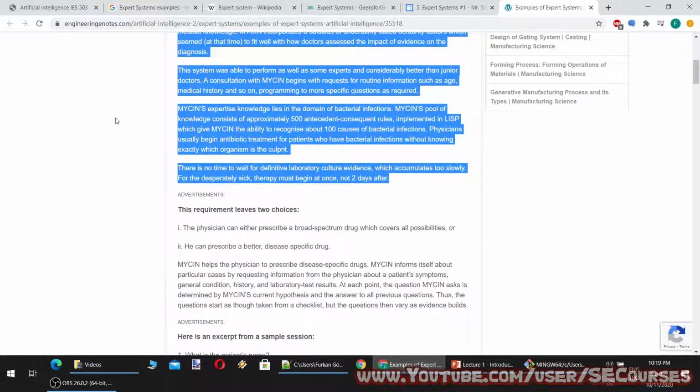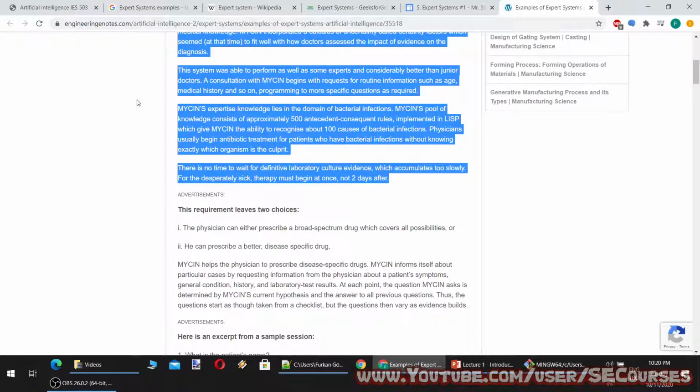This system was able to perform as well as some experts and considerably better than junior doctors. A consultation with Mycin begins with requests for routine information such as age, medical history and so on, progressing to more specific questions as required. Mycin's expertise lies in the domain of bacterial infections.